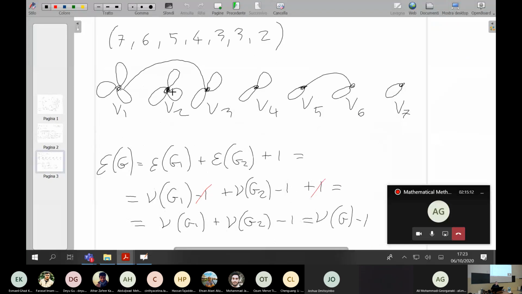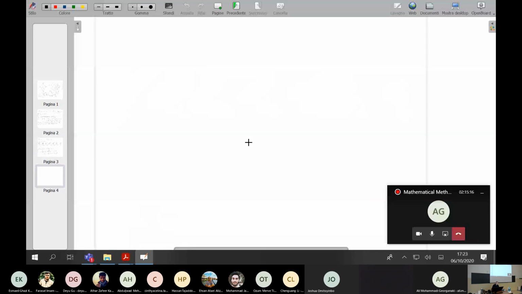Small delta is greater than or equal to 2. Pick up any vertex, call it V1.